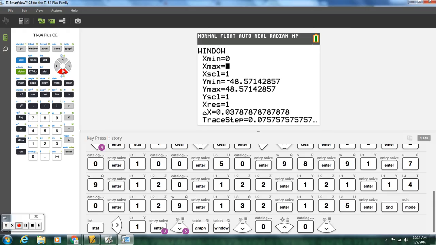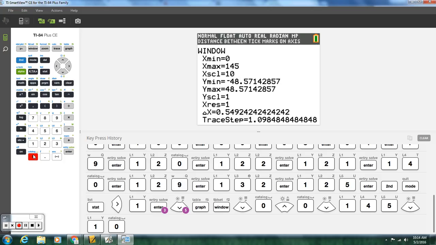Zach, that's your second warning. So what does it have to be bigger than? Bigger than 140, so let's use 145. What do we want to count by? 10, okay, count by 10. Now, do we care about the Y? Not really, I'll just put 0 to see.